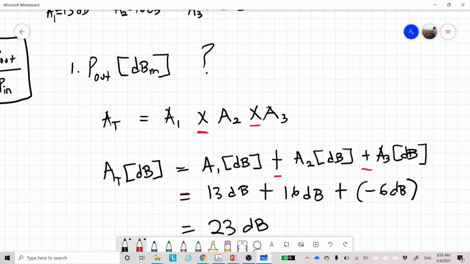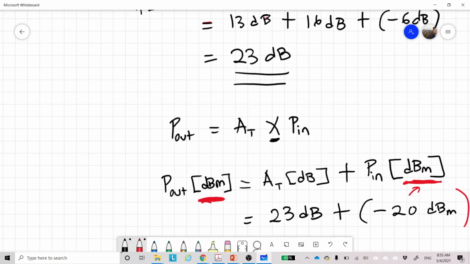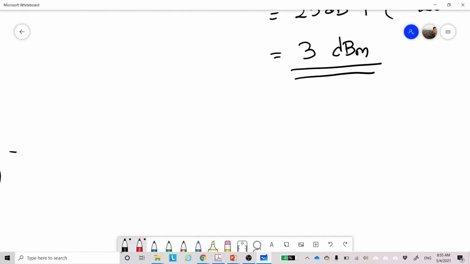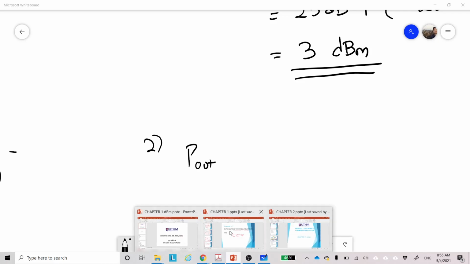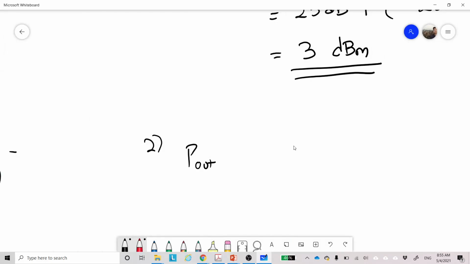So the second question asks, what is the output power in terms of milliwatt? The second question, P out in terms of milliwatt.